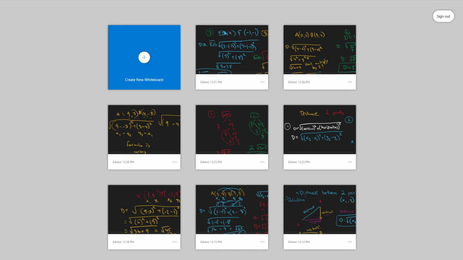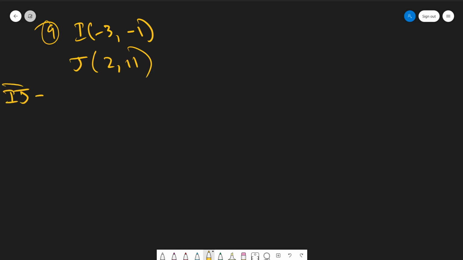And now we're going to finish off with 9 and 10. So for 9, we've got I, which is -3, -1, and J, 2, 11. So we're going to find that distance IJ mathematically. And how are we going to do that? We're going to subtract those x's.